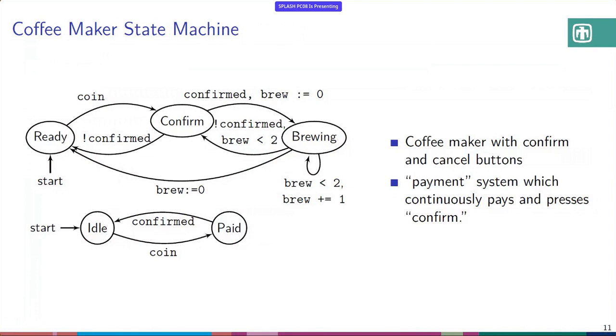We have some coffee machine that you push a confirm or cancel button, and it brews for some amount of time. Don't worry too much about this, but I just wanted to show this to indicate that there is some state labeled transition system, and we have some composition. So we can imagine the composition in parallel with some sort of payment system, which just inserts a coin and presses continue over and over again.